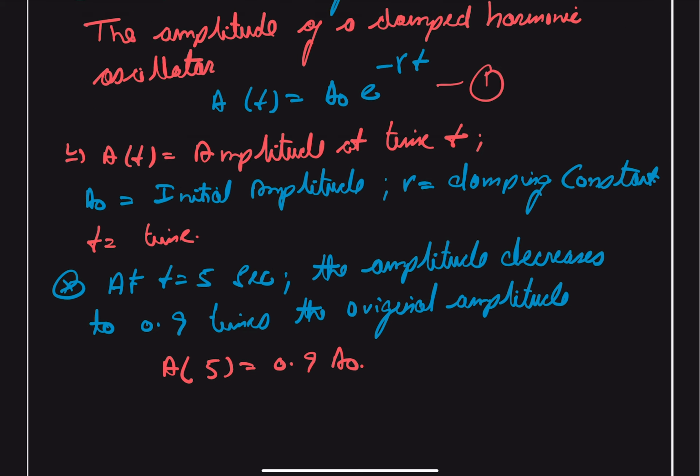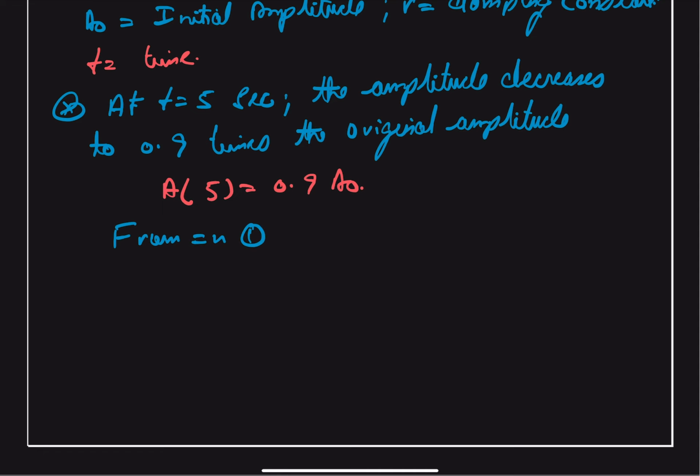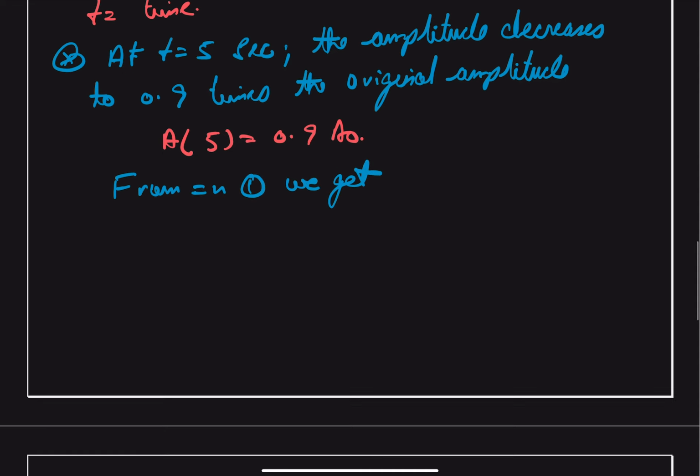So using equation 1, we get 0.9 times A naught is equal to A naught e raised to power minus gamma multiplied by time, that is 5. Now we can just simplify it.